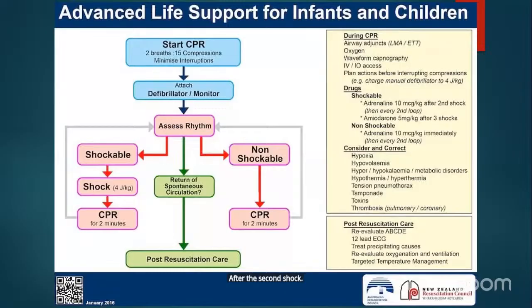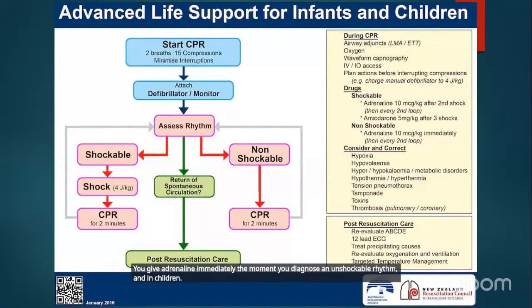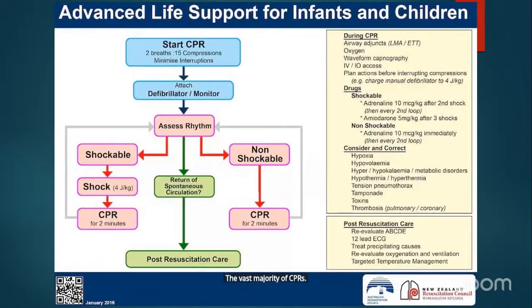If it is non-shockable, you give adrenaline immediately the moment you diagnose a non-shockable rhythm. And in children, the vast majority of CPRs are usually non-shockable, because usually it is a result of some form of respiratory hypoxic issue. Okay?